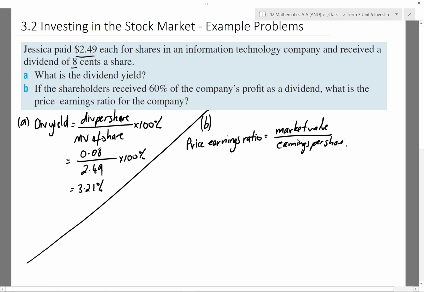And I'll look in the question, do I know the market value? Yep. Do I know the earnings per share? Doesn't really tell me that anyway. However, I know that this dividend of 8 cents represents 60% of the profit. So I know that 8 cents equals 60% of the earnings per share.